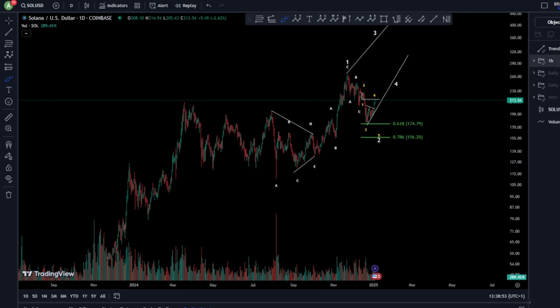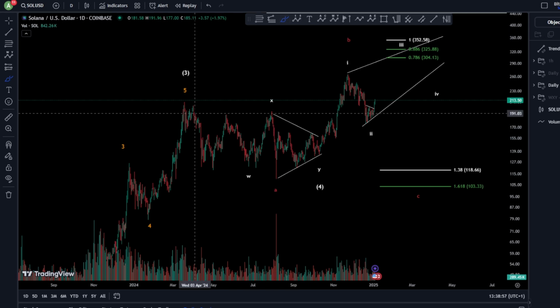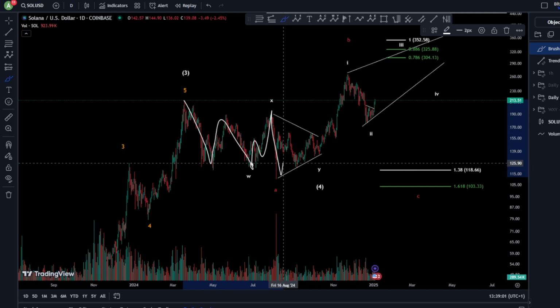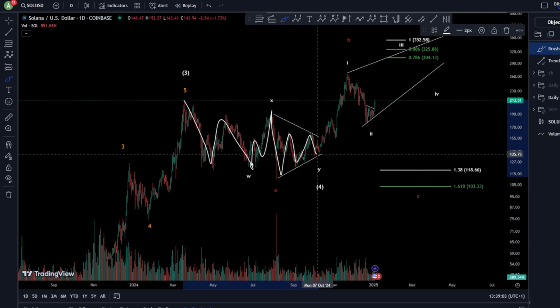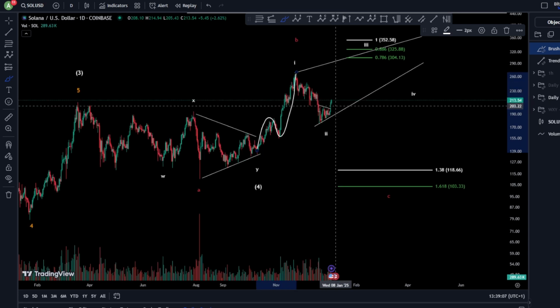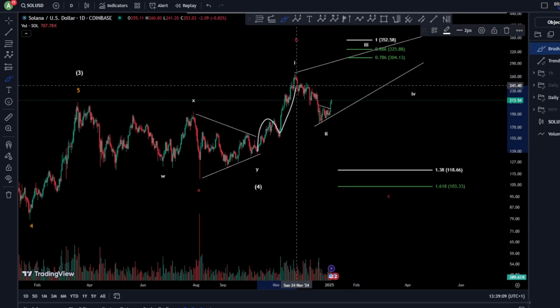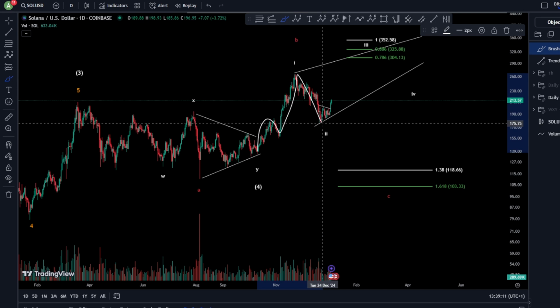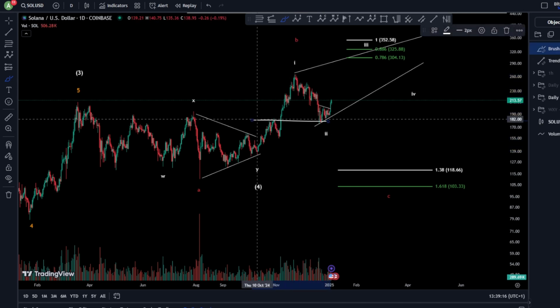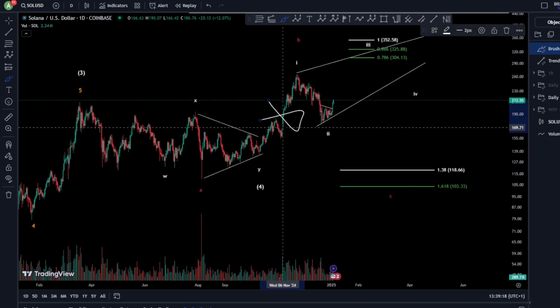And of course on the daily here, where we have this bull run, your WXY is a zigzag for W, a zigzag for X, and A, B, C, D, E for your wave Y. And then we are looking at an A, B, and a C here, because if this is an impulse 1, 2, 3, your wave 4 has reached your wave 1 and interfered with the zone 1, and of course that is an invalidation of an impulse.